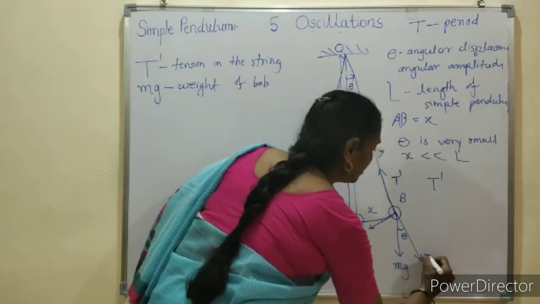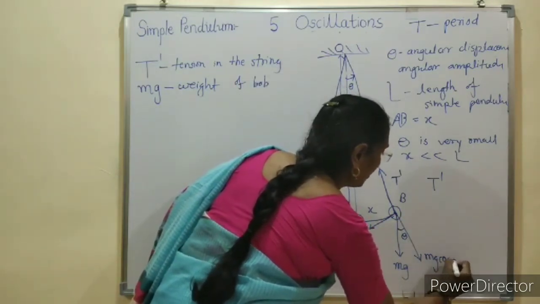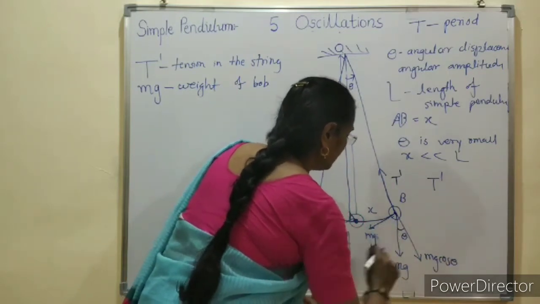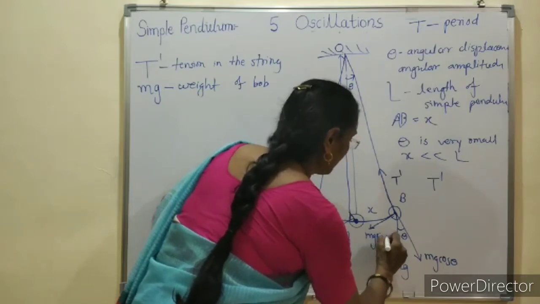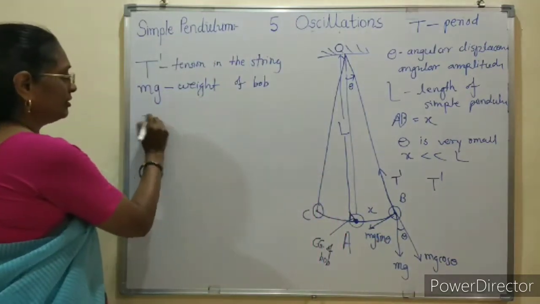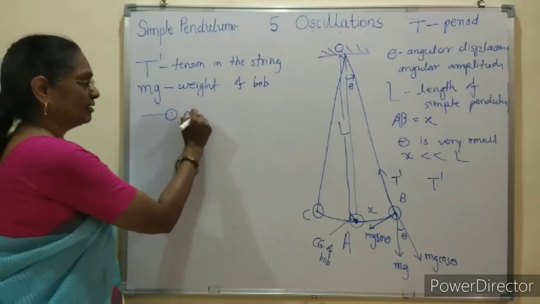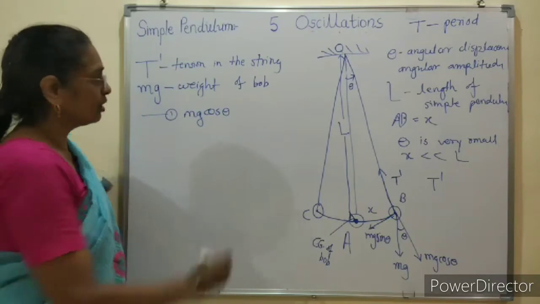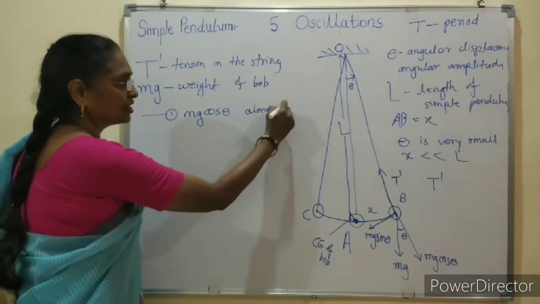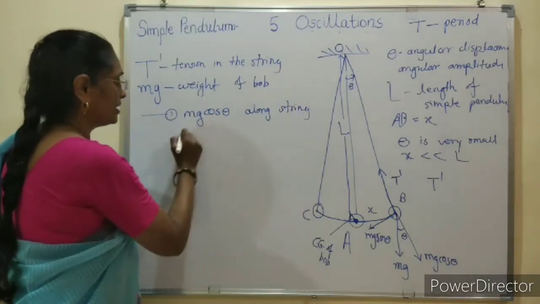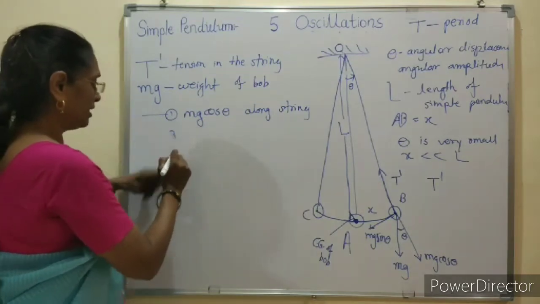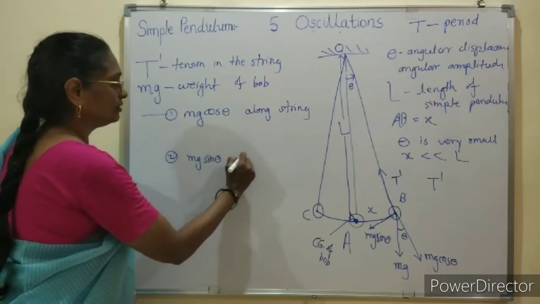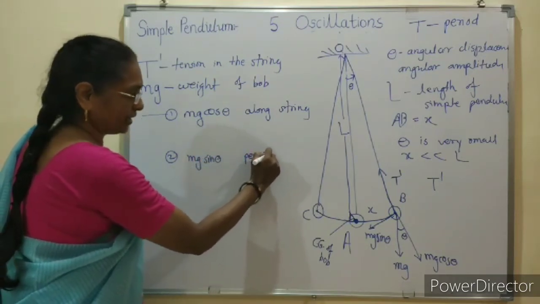So along the string the component is mg cos theta and perpendicular to the string the component is mg sin theta. So here mg can be resolved into two components, mg cos theta along string and here mg sin theta is perpendicular to the string.